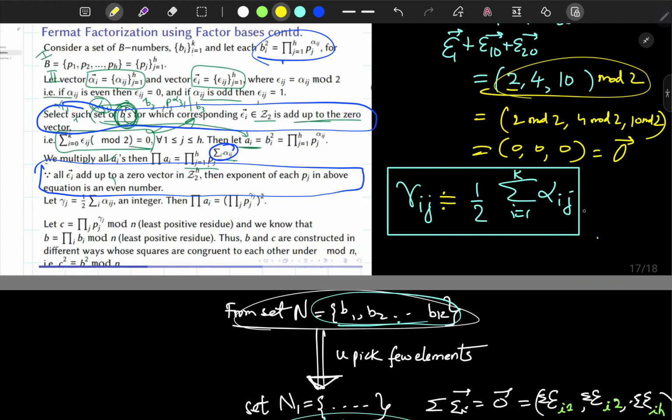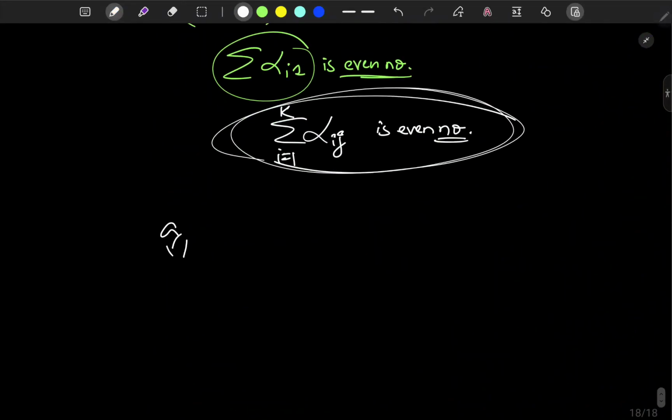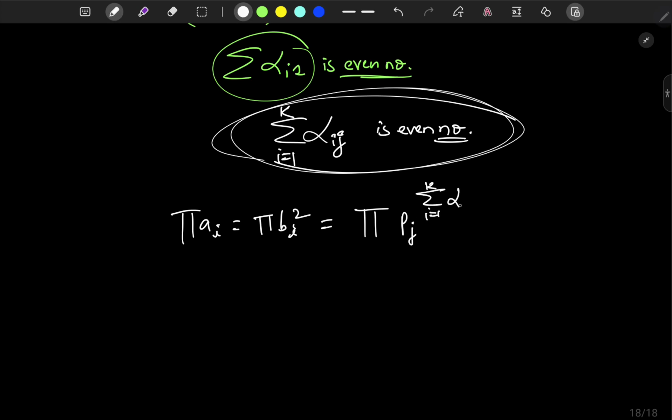This is the definition. After that, if you multiply all ai, pi ai is nothing but pi bi square, that is equal to pi of pj to the whole power sigma I runs from 1 to k alpha j, where j equals 1 to h.